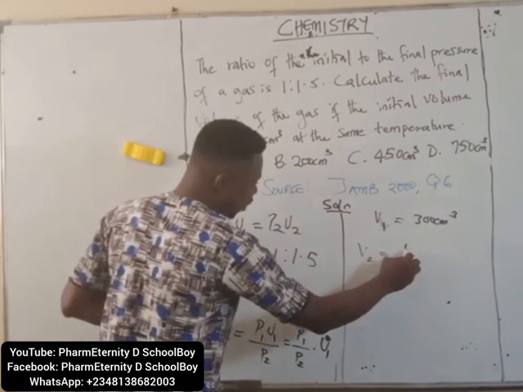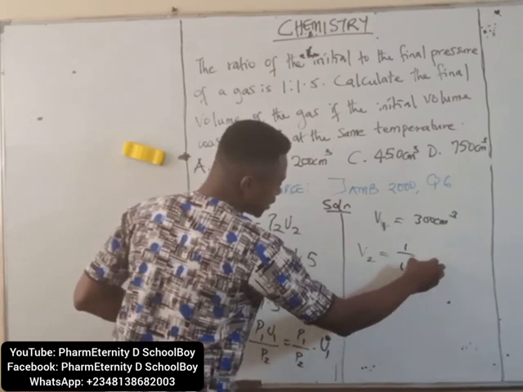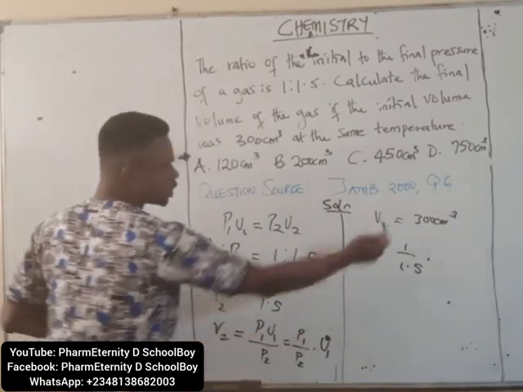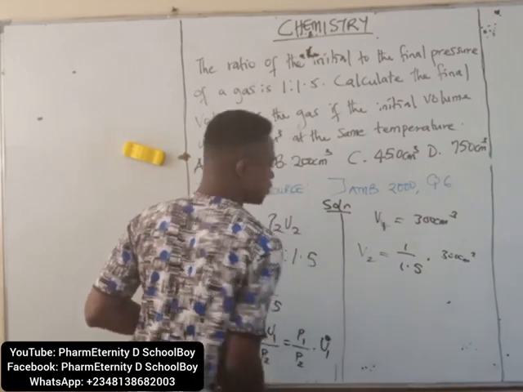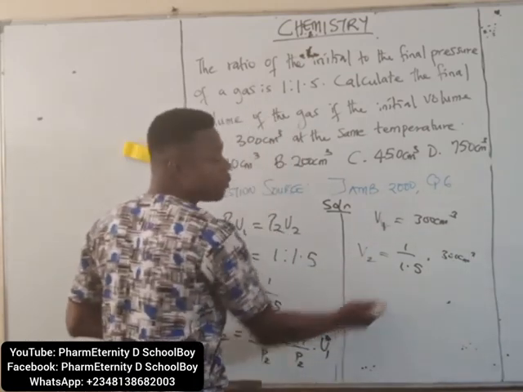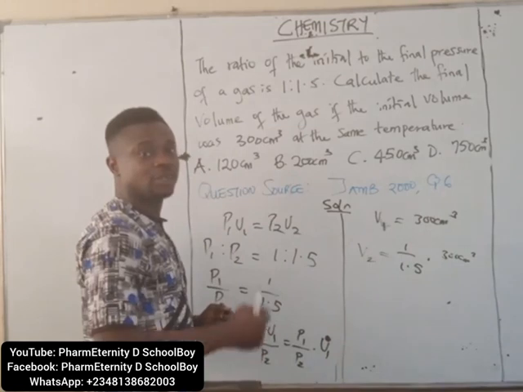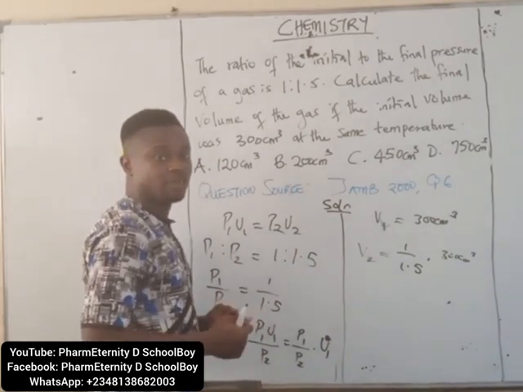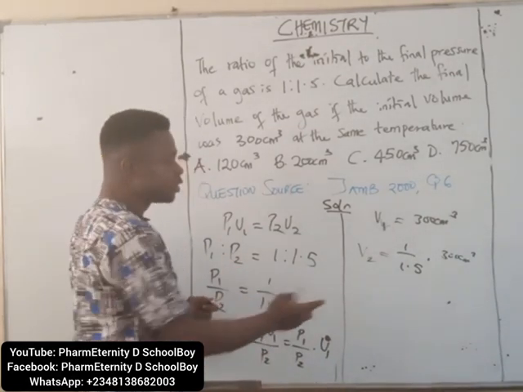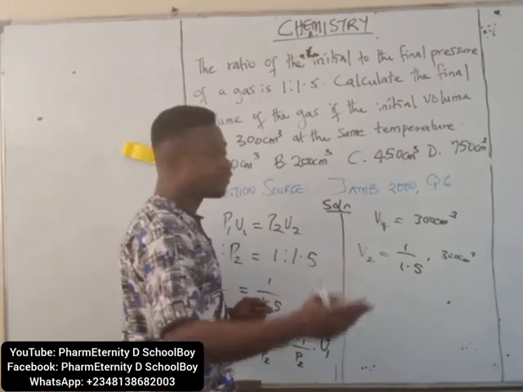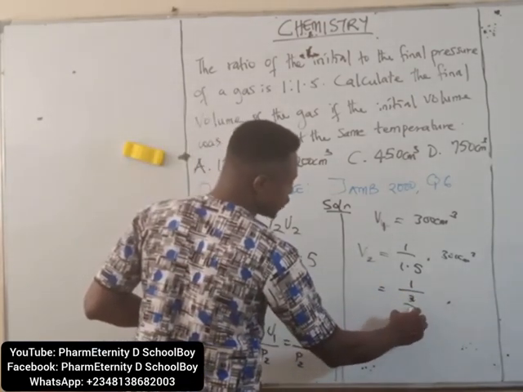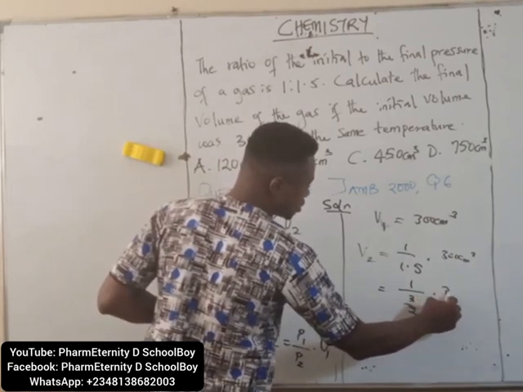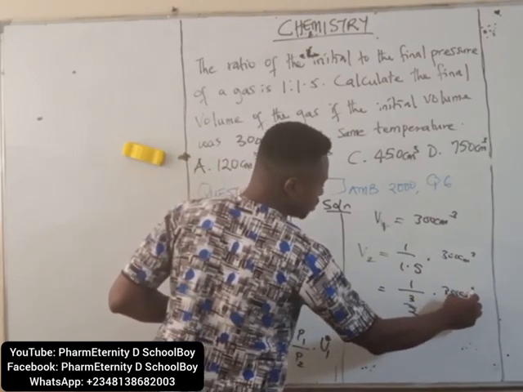now have 1/1.5 dot V1, which is 300 cm3. Remember that 1.5, changing it from decimal fraction to common fraction, is 3/2. We now have 3/2 dot 300 cm3.